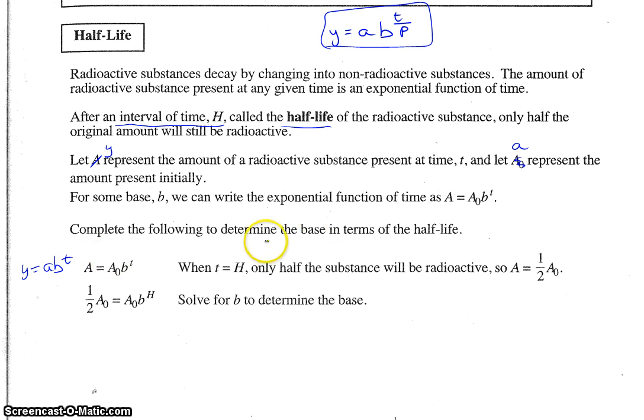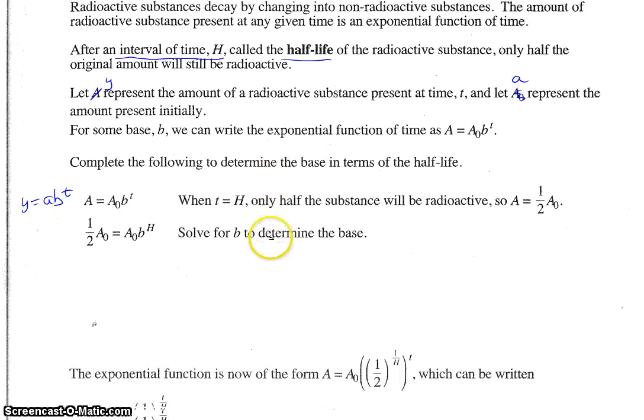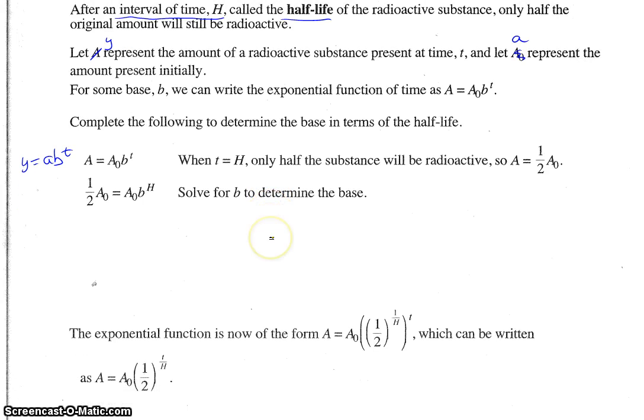Here's what we're going to do. We are going to sub in a specific situation when t is h. So we'll have a b to the h. Now we're replacing time with h because only half the substance will be there.